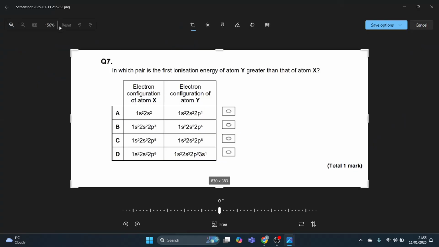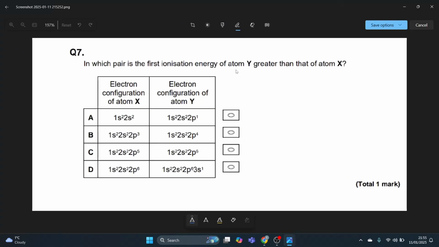Question 7. In which pair is the first ionization energy of atom Y greater than that of atom X? In part A, it's definitely not going to be that, because that's in a different orbital with Y's electron configuration, atom Y is going to have more shielding, all of that.